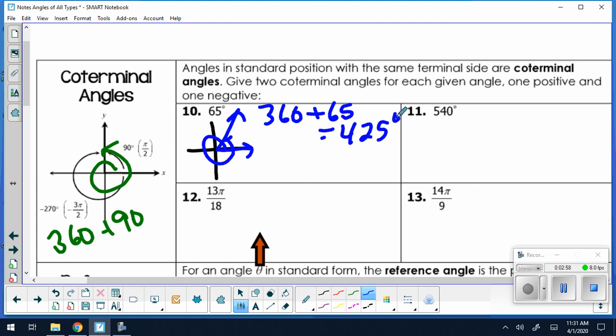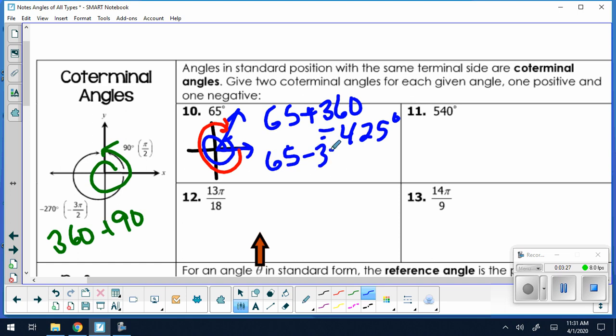Okay. Now, to go backwards, let's do this one in red. Starting at my initial side and coming backwards, I'm going to do 65 minus 360. And let's stay consistent. Not that this really matters, but my notes will be, I'm going to add 360, and then I'm going to subtract 360.